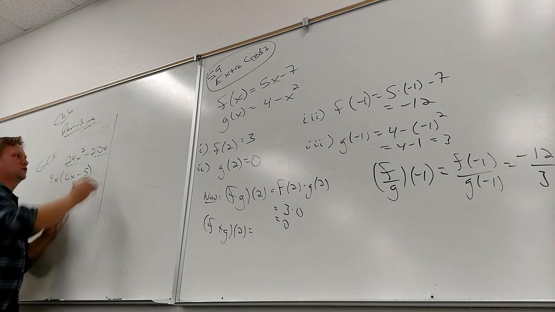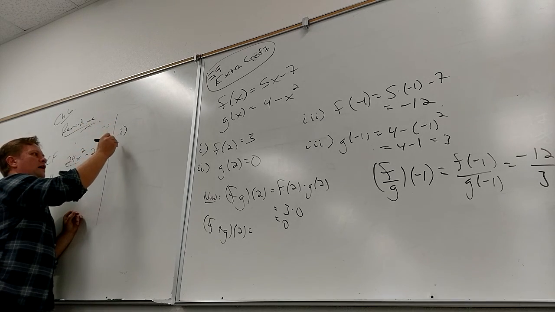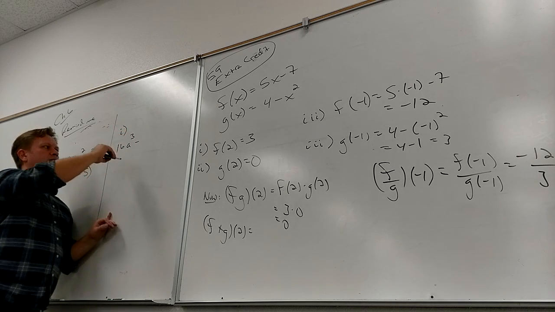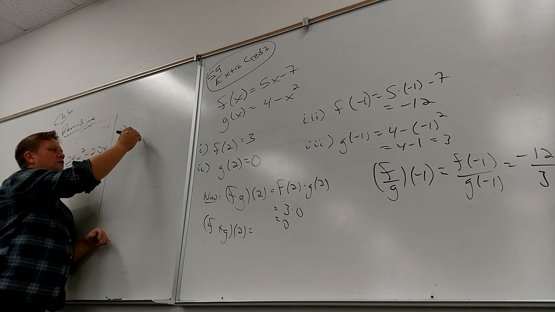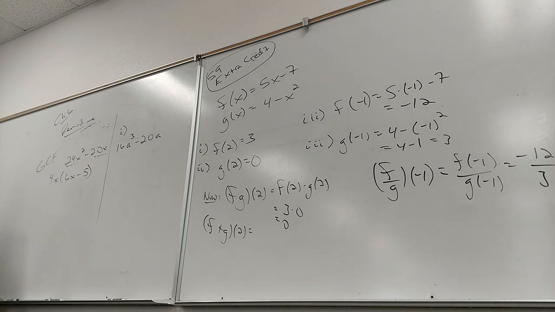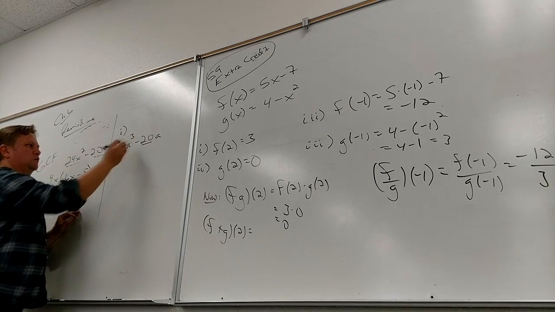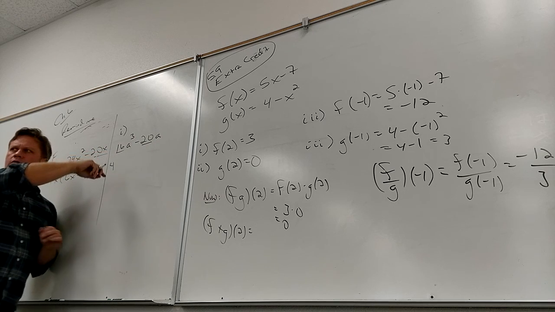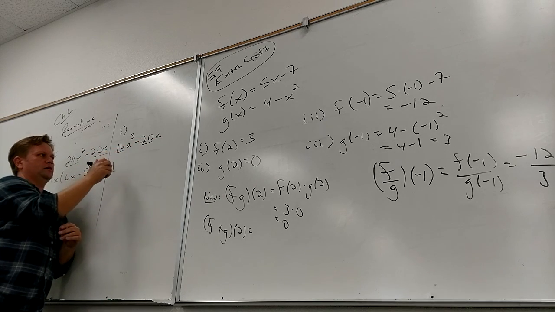So just to do one straight up, if I had 16a cubed minus, what you got, Jeff? 20a. Yeah, you look at the numbers. What can come out of the numbers? 4. What can come out of there?